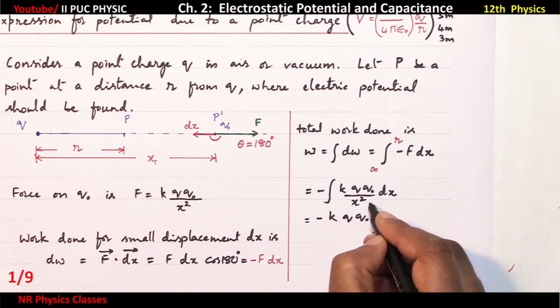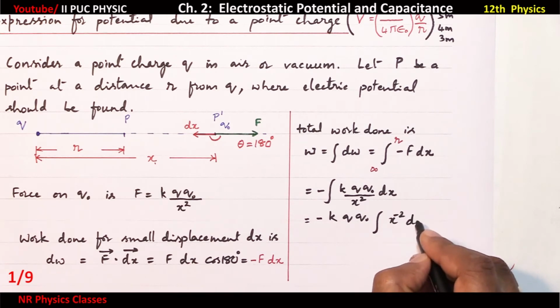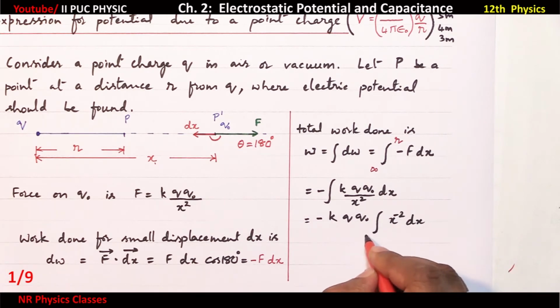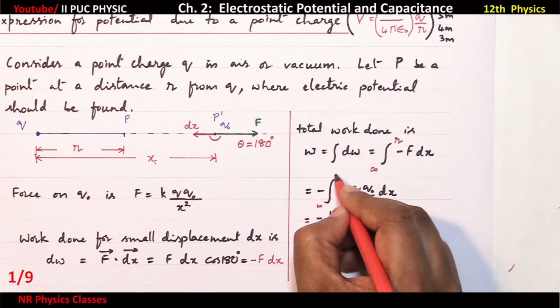This x squared goes to the numerator, which means it becomes x to the power of minus 2 into dx. Limits are from infinity to r. Of course here also infinity to r.